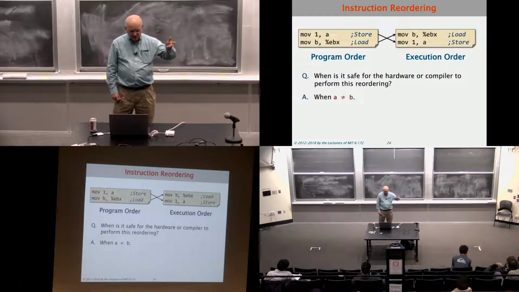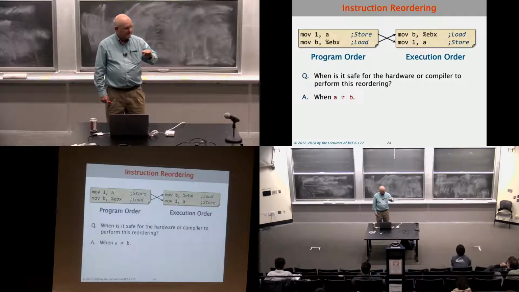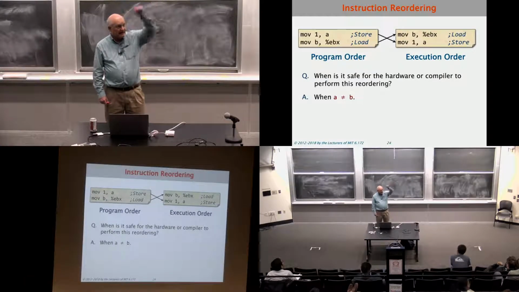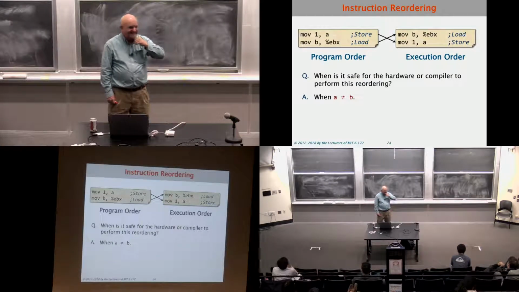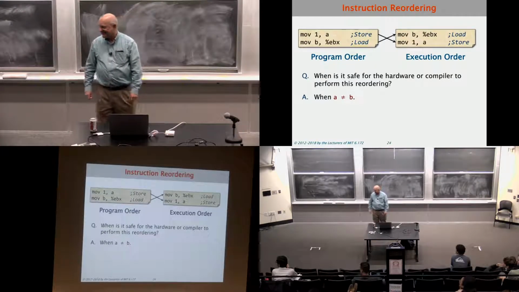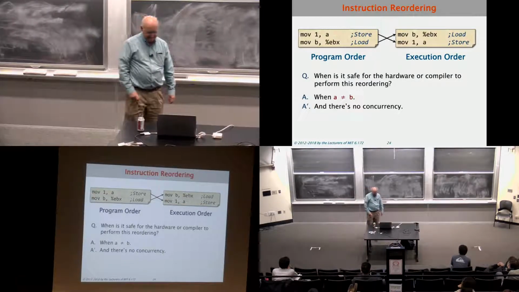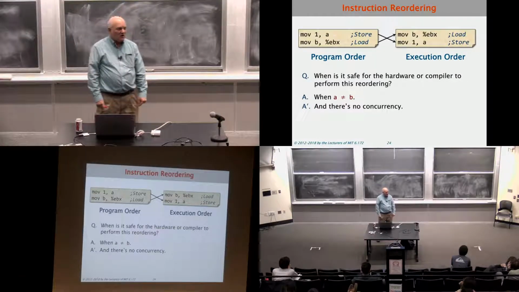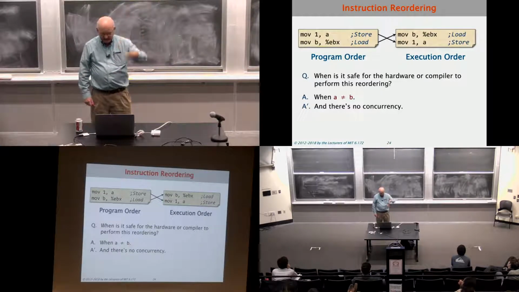When is it safe to do this reordering? I can't do it if A is equal to B, and also shouldn't do it when? Yeah, if there's no concurrency, it's fine. The problem is when there's concurrency.